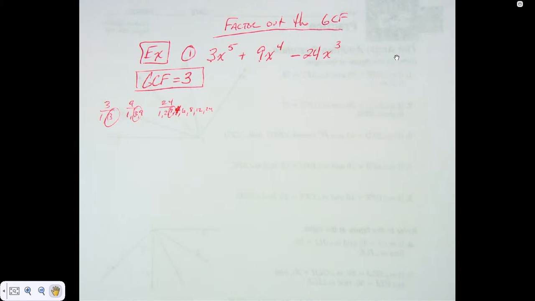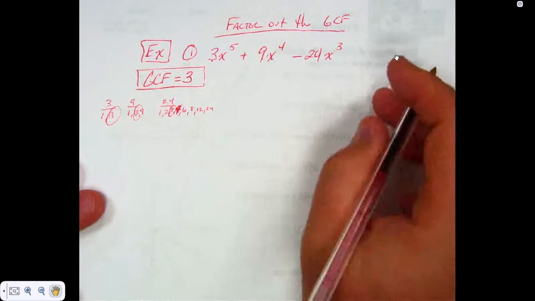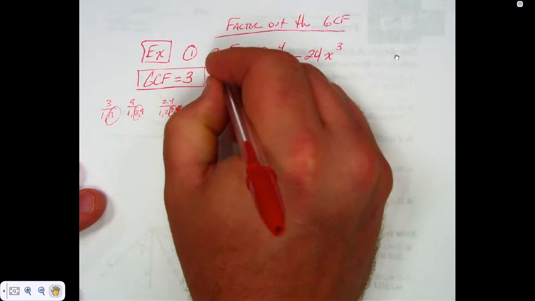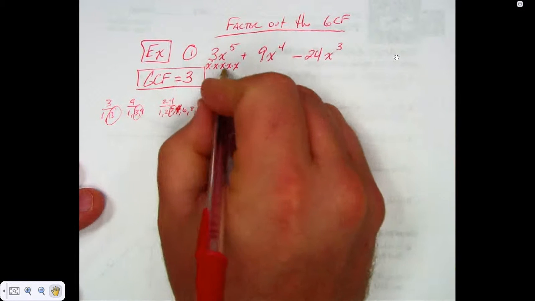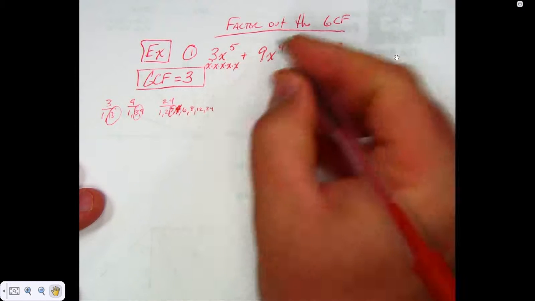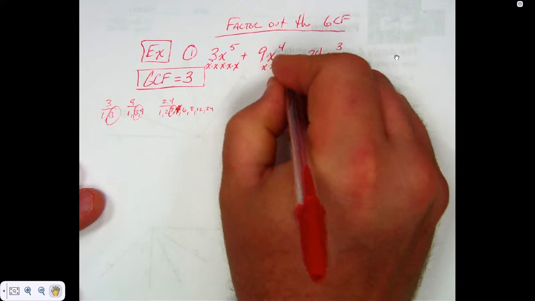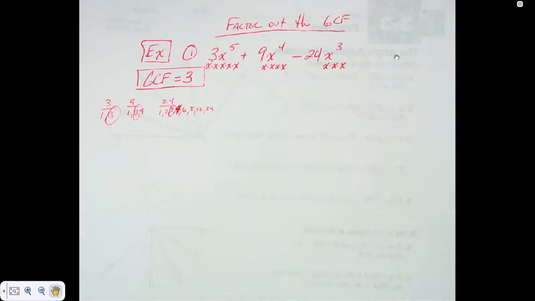Variables. Now, guys, I don't expect you to write this down every time, but if you can see this x to the 5th in your head, 1, 2, 3, 4, 5 x's, right? How many here? 1, 2, 3, 4, right? How many here? 1, 2, 3. Is it pretty easy to see what's the most they all have in common?